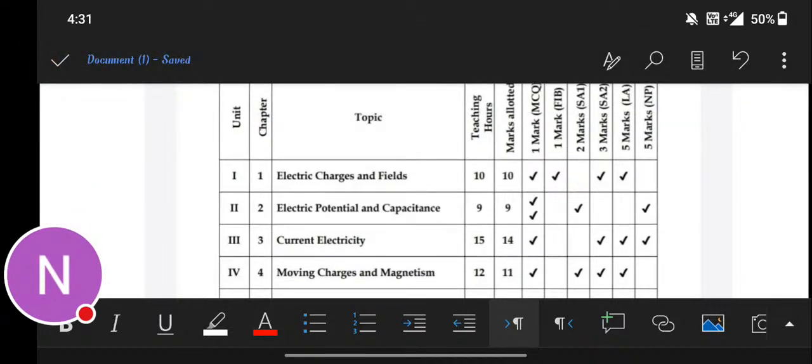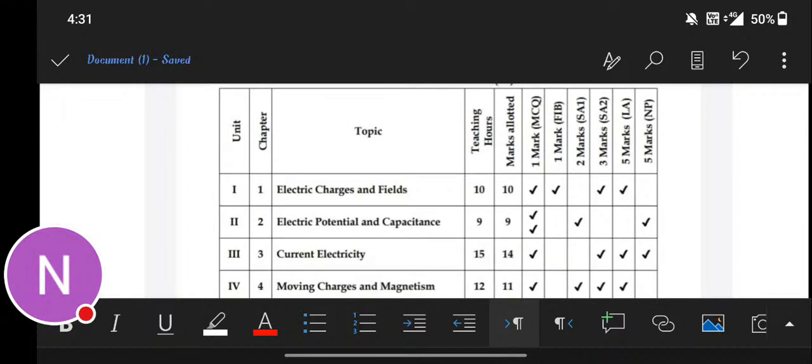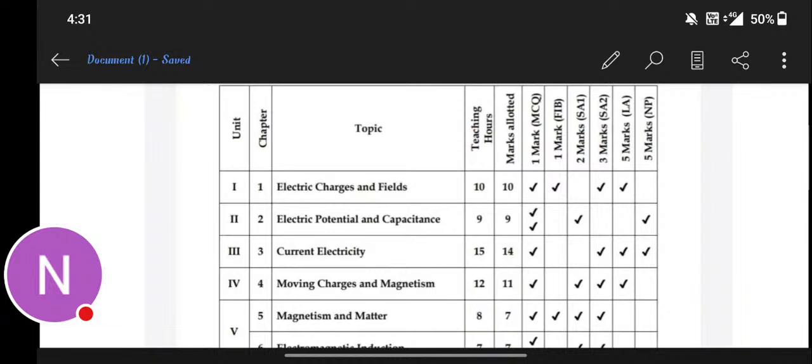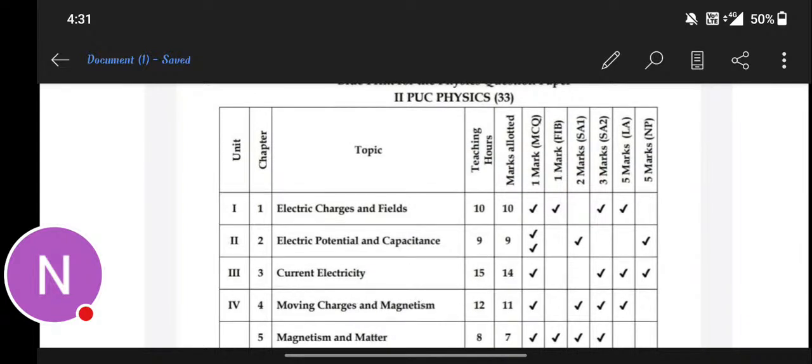First chapter in physics is Electric Charges and Fields. It is allotted 10 marks. You may get 1 mark for MCQ, 1 mark for a 1-mark question, no questions for 2 marks from this chapter, and in 3 marks and 5 marks you may get questions.